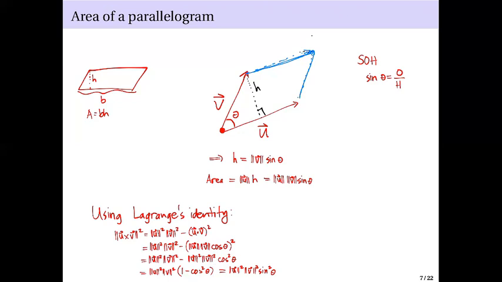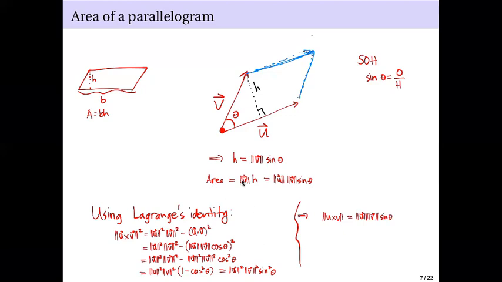Which means this tells us that the norm of u cross v, you just take the square root of both sides. So taking the square root, you'll just have norm of u times norm of v times sine theta.